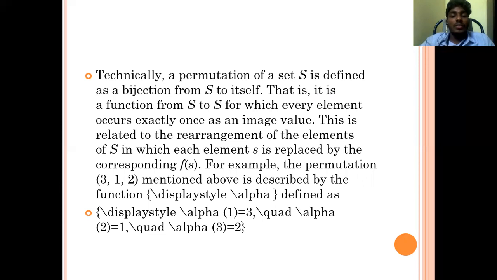For example, the permutation 312 mentioned above is described by the function alpha, defined as alpha(1) = 3, alpha(2) = 1, alpha(3) = 2.